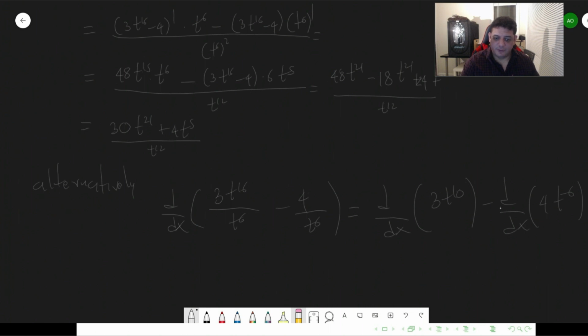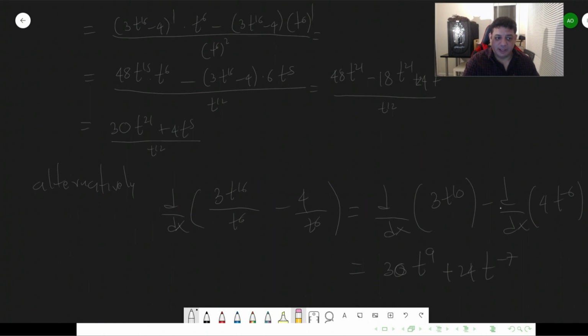And so as you can see, this is 30 t to the 9 minus or plus 24 t to the minus 7. Okay. Notice that this is very quick to do, not as complicated as doing a quotient rule, and this is exactly the same thing.